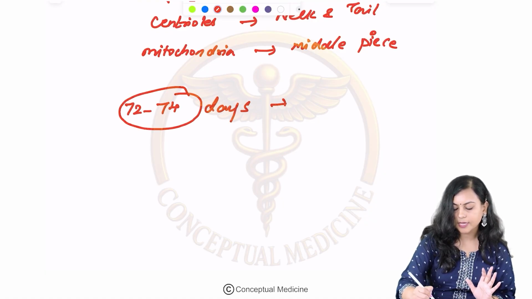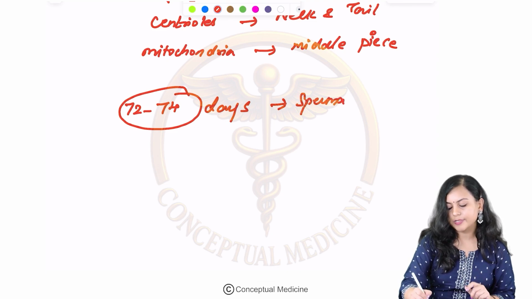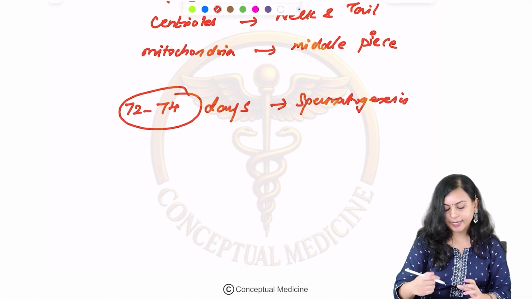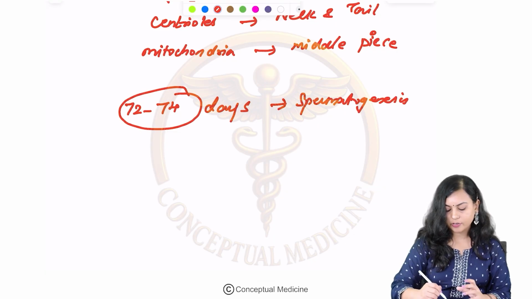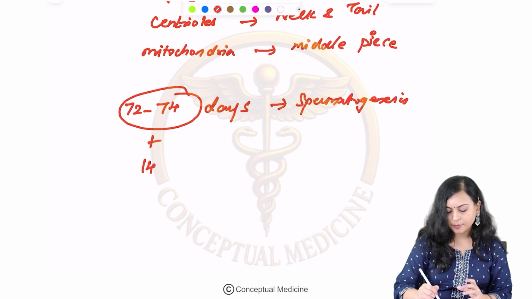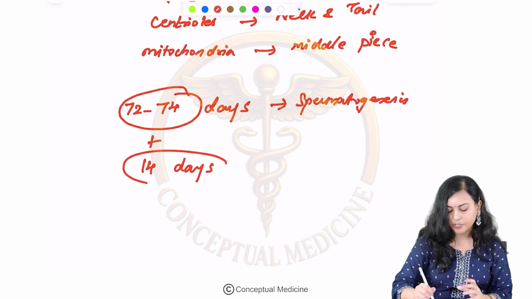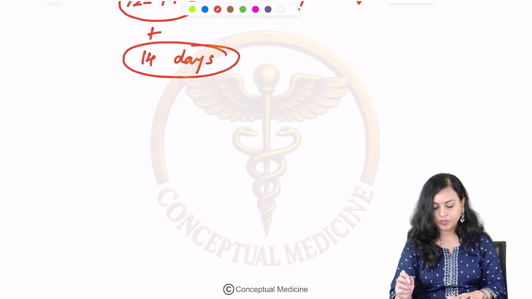Okay. So, this is the time taken for spermatogenesis. But for the sperm to get ejaculated, it has to travel via the ducts, the ejaculatory ducts. So for that it will take some additional 14 days. Okay.